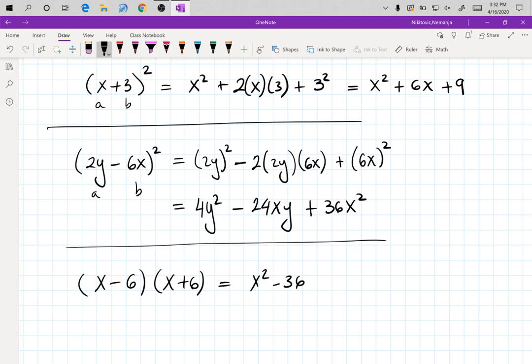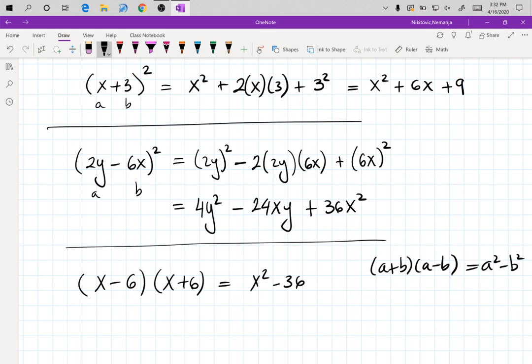Because the formula said a squared minus b squared. Sorry, no, the formula goes the other way for this one. A plus b, a minus b, is equal to a squared minus b squared, right?